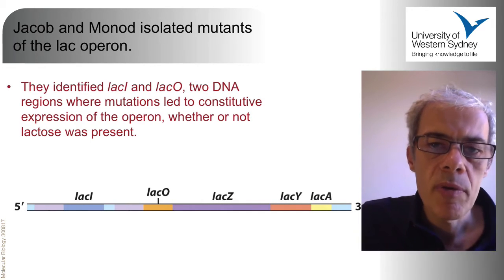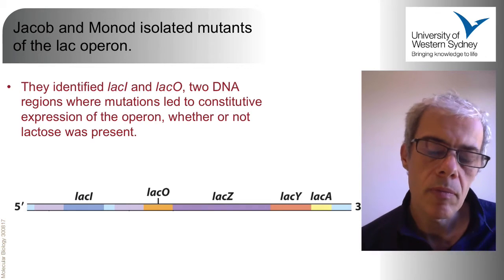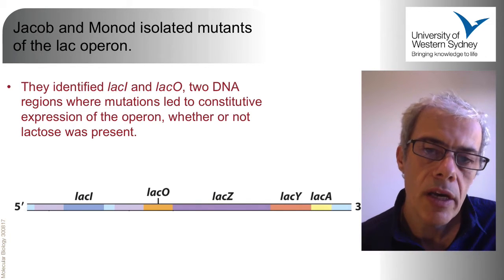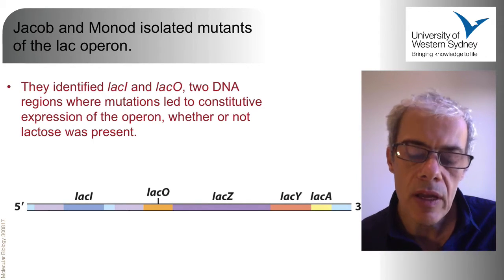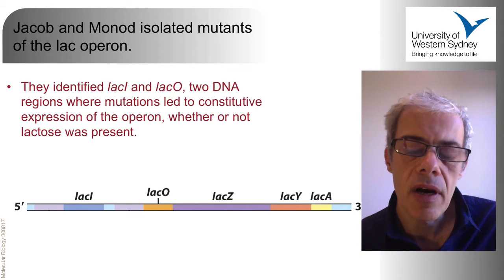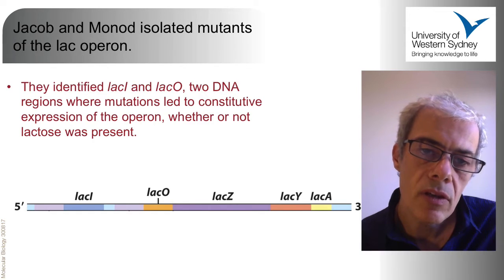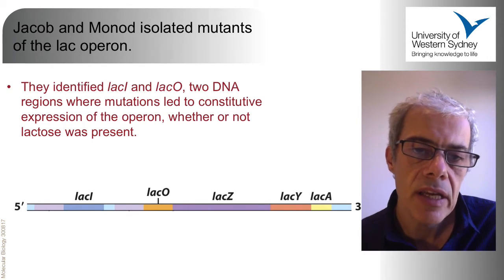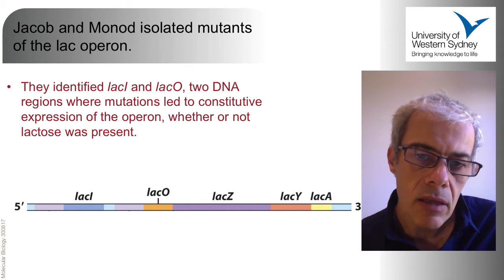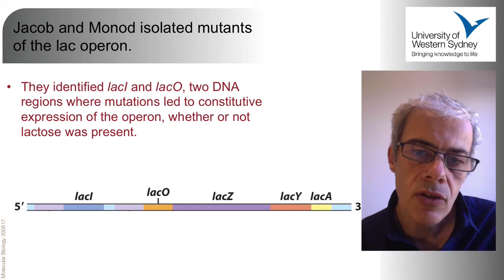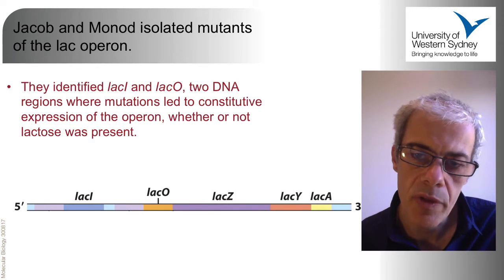So Jacob and Monod performed a mutant screen of E. coli, and they identified various mutants. Then when they looked in a bit more detail, they identified the LAC-I and the LAC-O as two mutations that led to constitutive expression of the operon.